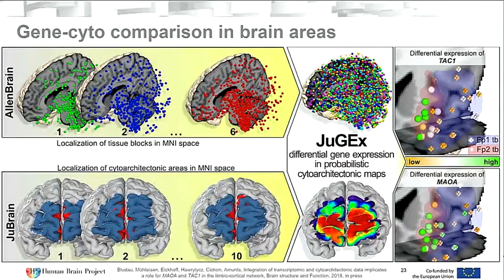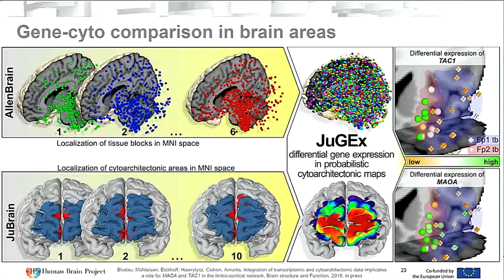One of the tools that is there is a so-called JuGEx tool, which helps to analyze the relationship between gene expression and probabilistic cytoarchitectonic maps. So the gene expression data comes from the Allen Brain Atlas, the cytoarchitectonic maps come from the Jülich atlas, and when both types of maps are superimposed, you can ask the question which specific gene is expressed in a certain cytoarchitectonic area.